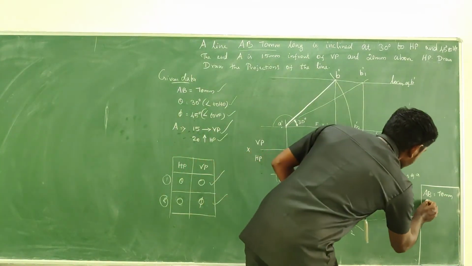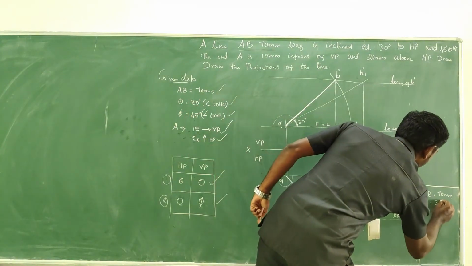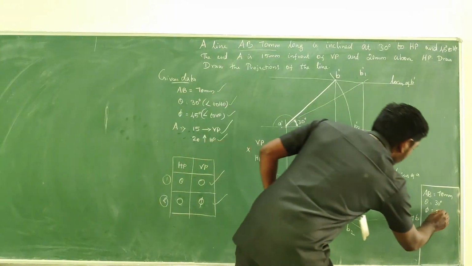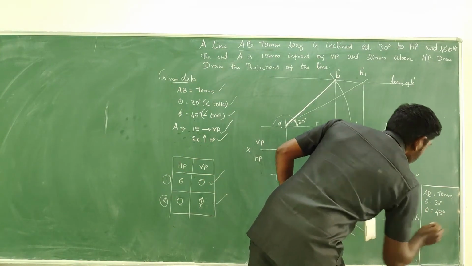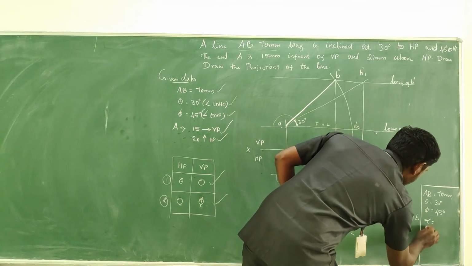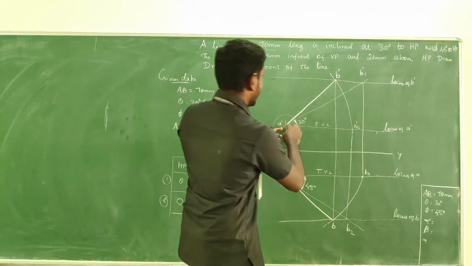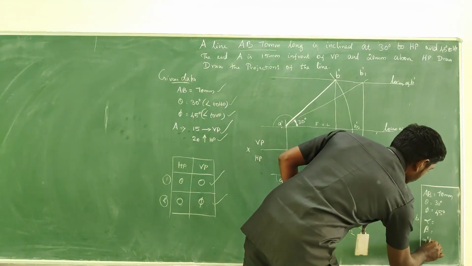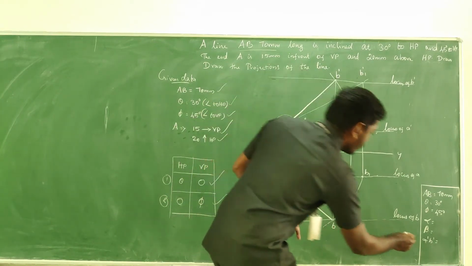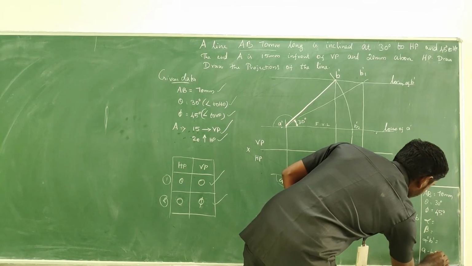And theta is 30 degrees. Phi is 45. Then the apparent angles alpha and beta we need to find, and the front view length A dash to B dash, and A to B, the final top view length, we need to know.